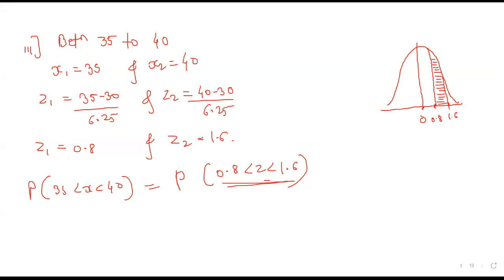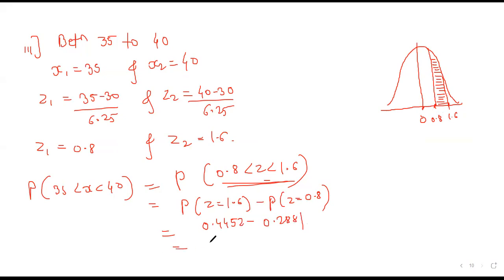0.4452. Yes, so we have probability at z is equal to 1.6 minus probability at z is equal to 0.8. So probability at z is equal to 1.6 is 0.4452 minus probability at z is equal to 0.8 is 0.2881, which is equal to 0.1571.